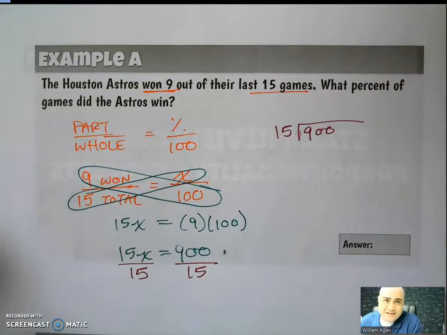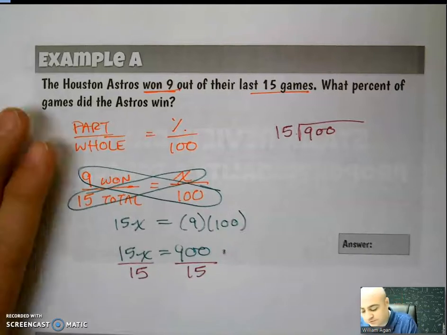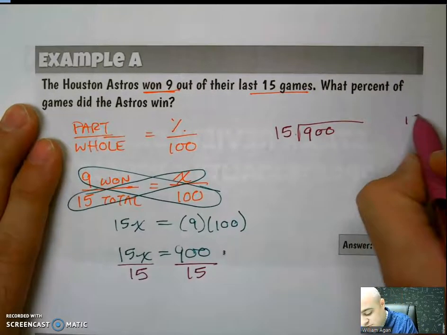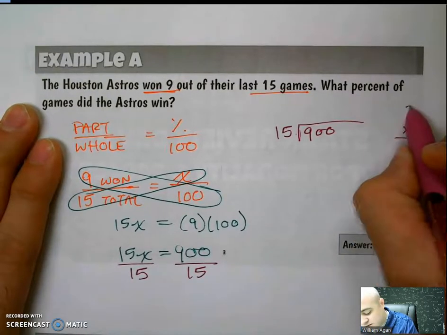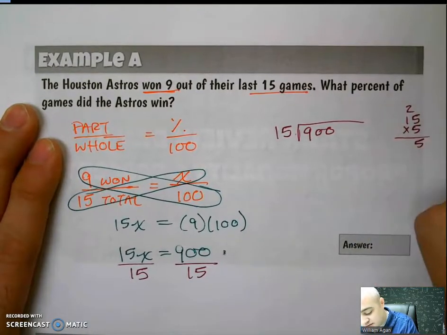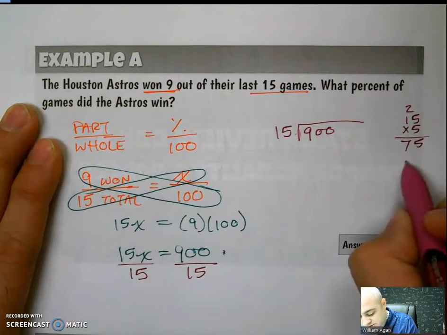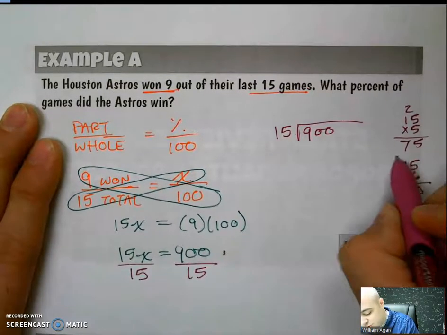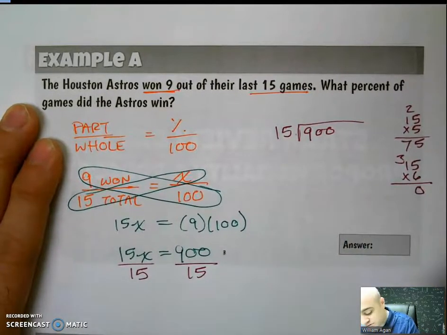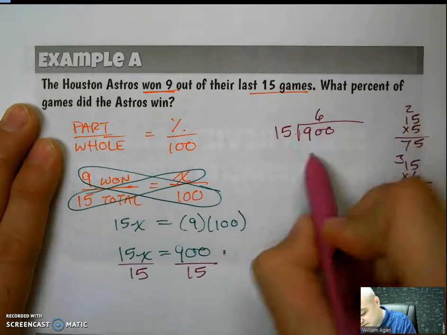It will go into 90. How many times? Don't know your 15s? Guess and check. I usually start with 5. 5 times 5 is 25. 5 times 1 is 5 plus 2 is 7. Okay, let's try 6. 15 times 6. 6 times 5 is 30. 6 times 1 is 6 plus 3 is 9. That's exactly what we needed there. So that's 6.